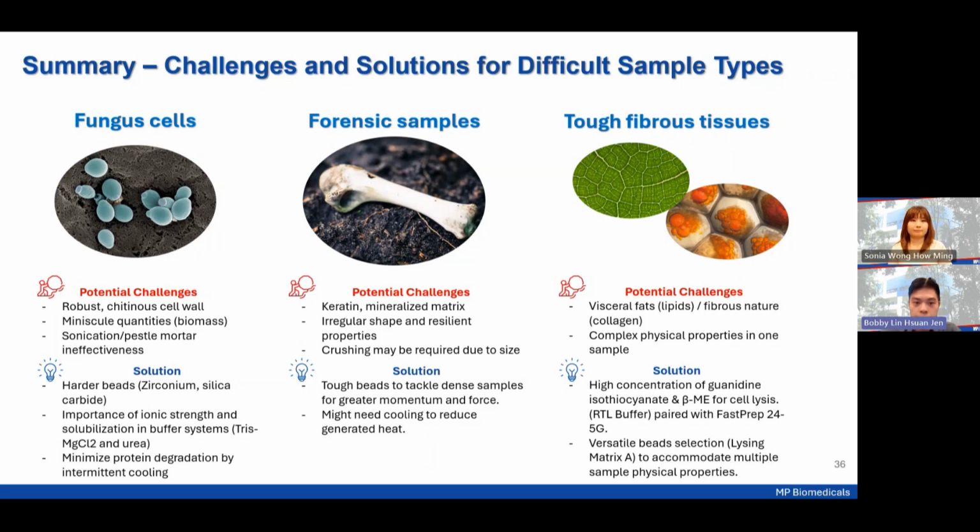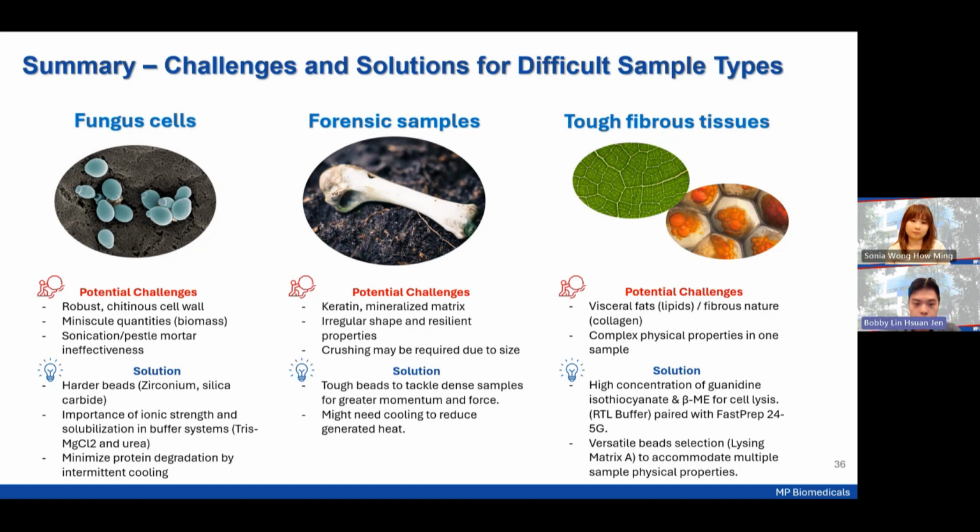Next, with forensic samples, the potential challenges that we're facing are the keratins in hair samples and the mineralized matrices in bones. These are the top challenges that we face.